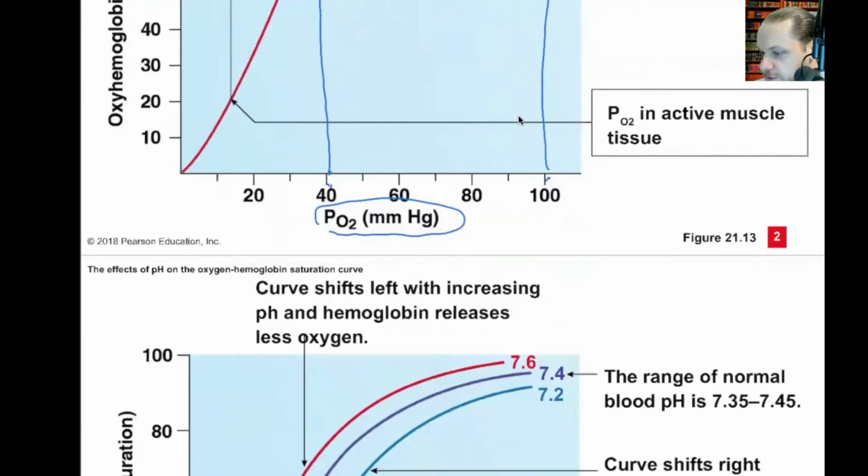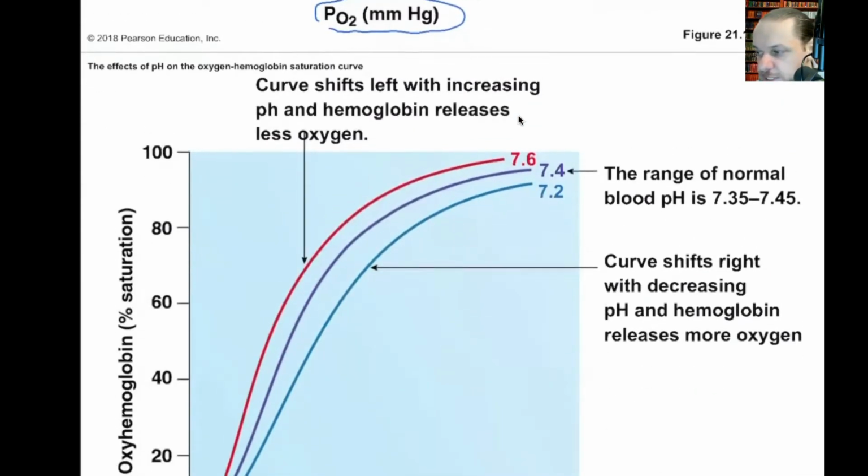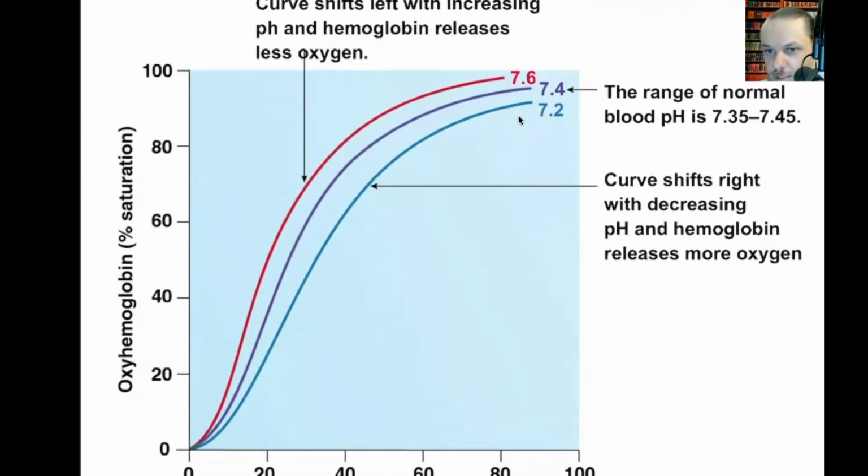Now, some things do shift hemoglobin. So you notice, if I'm becoming more acidotic and my pH drops, so let's say I go from normal, which is 7.35 to 7.45, to 7.2, I became more acidotic.